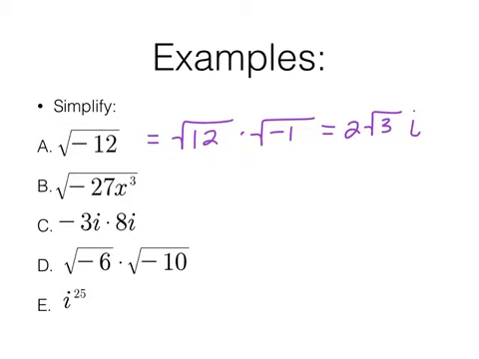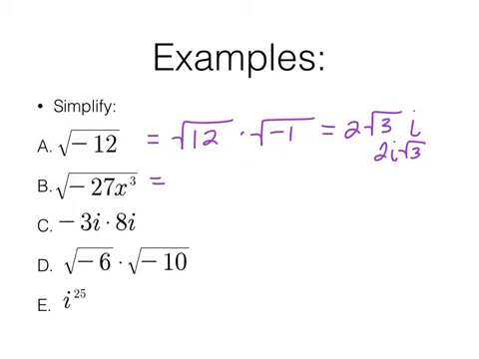And you could put 2i root 3, which is probably the most common way that you'll see it, or 2 root 3i. Just make sure that your little radical roof here doesn't go over the i as well, because we're not saying square root of i, we're just saying i. So we simplified the radical to 2 root 3, and then we simplified square root of negative 1 to i, so 2i root 3.